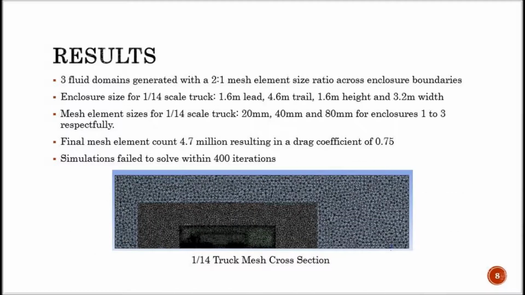From the preliminary study, it was found that using multiple fluid domains would allow for greater control over mesh parameters and would allow for greater refinement in locations where the flow was significantly disrupted or turbulent. These locations include areas preceding bluff geometries, the underside and rear of the truck.